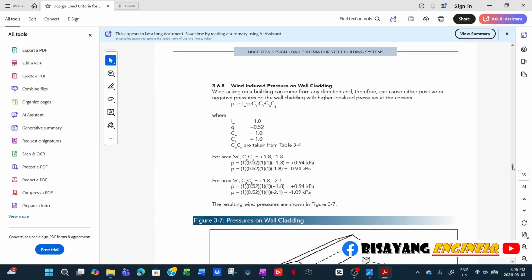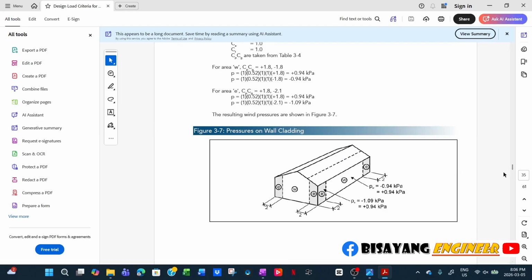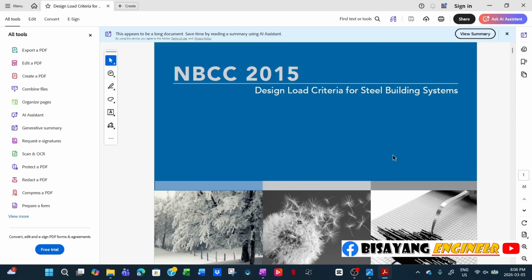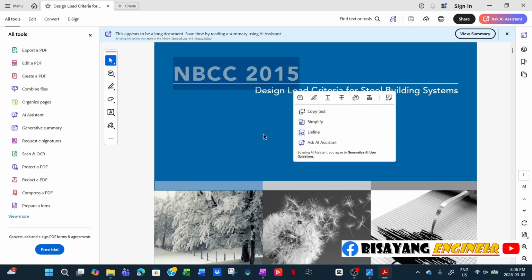But anyway, this design guide should be read in conjunction with the National Building Code. I already told you in a previous video that you can actually download the Canadian code for free. You can download the PDF. So if you want to follow this calculation, this design load criteria, you have to download also the NBCC 2015 as well as the commentary.